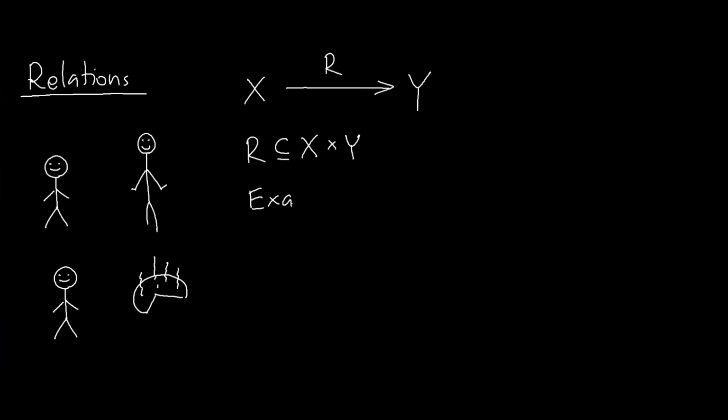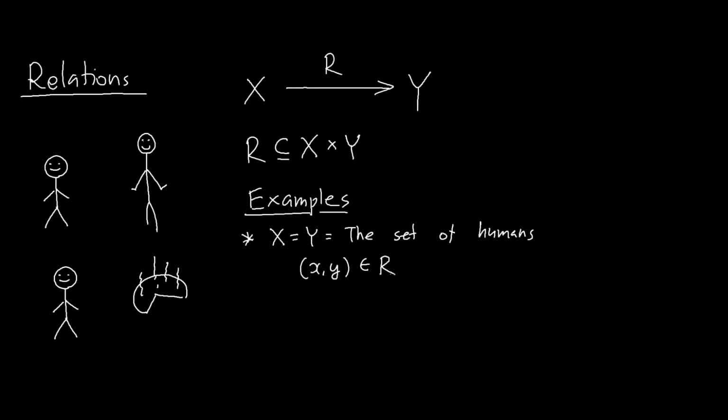So in the first example, we could have X and Y being the sets of human beings. And then we include an ordered pair of human beings in that set R if and only if Y is an uncle of X. Just a reminder that this symbol here means if and only if.